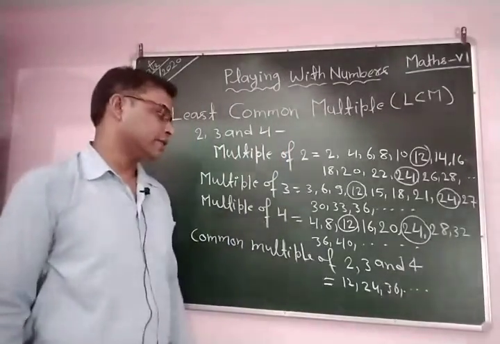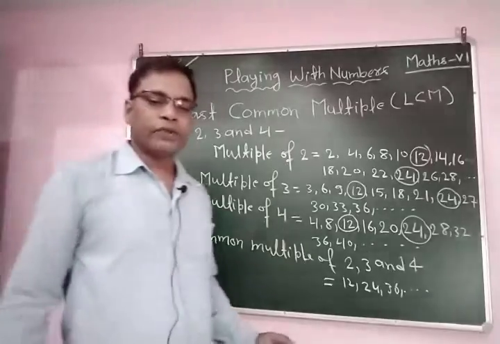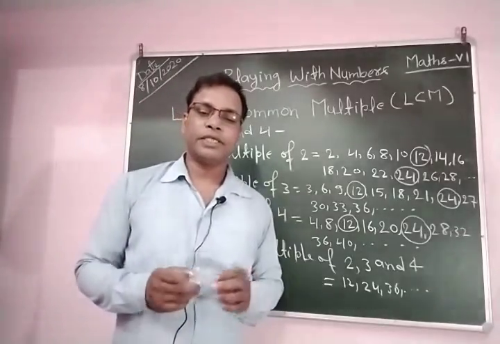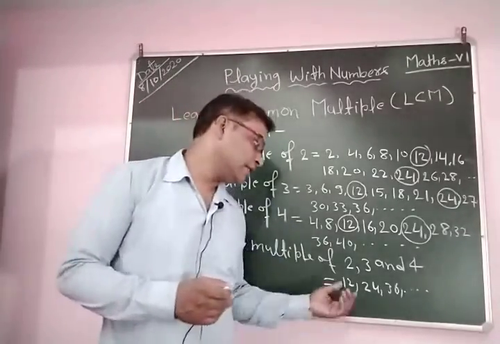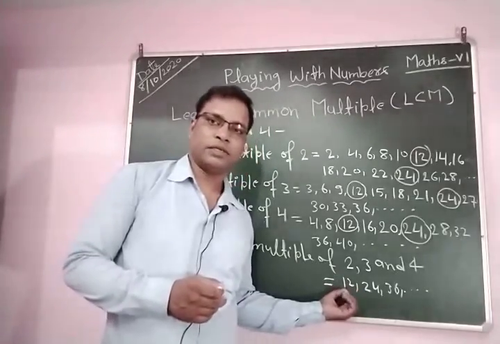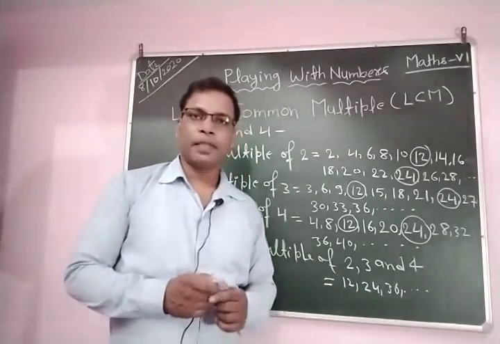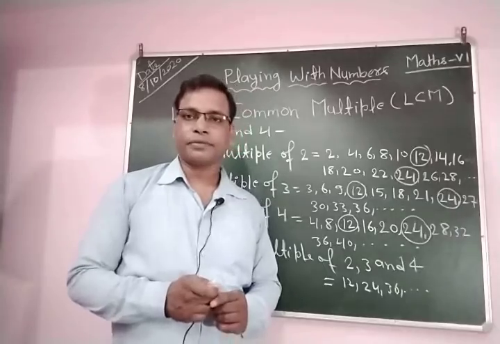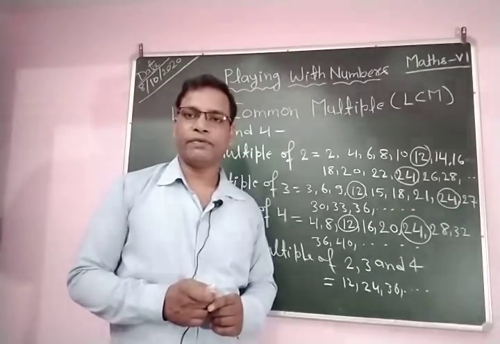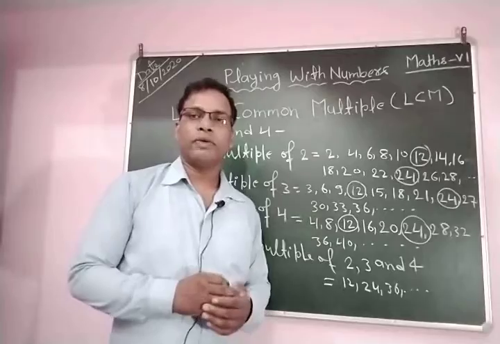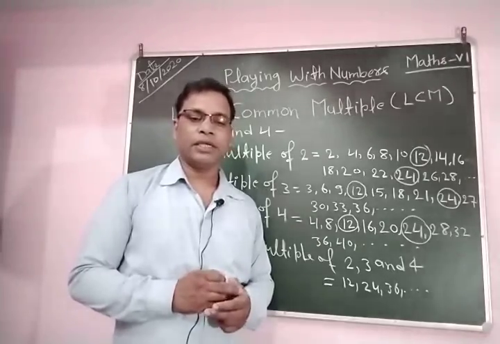Here you can see the least number from the common multiples of 2, 3 and 4 is 12. So the LCM of these is 12.